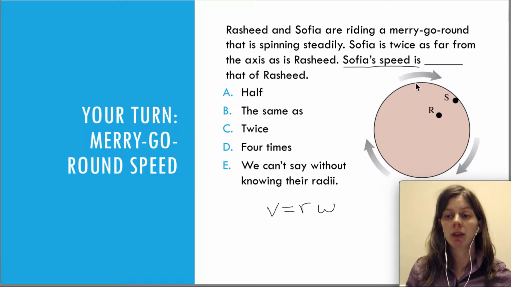They both have the same angular speed or angular velocity, but Sophia has twice the radius. So let's use V_R for Rashid, and then V for Sophia, well, she has twice the radius. So you can see that her speed is going to be twice that of Rashid.